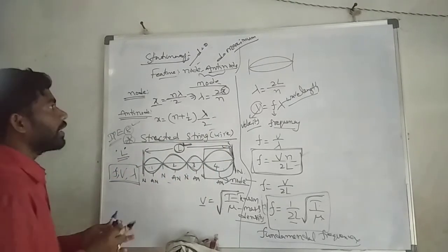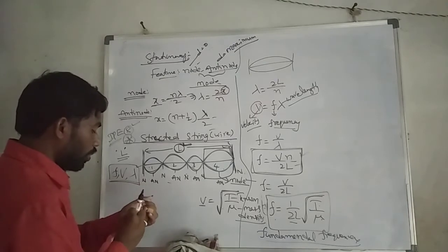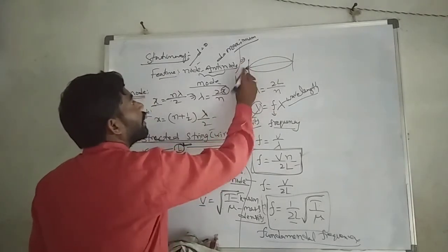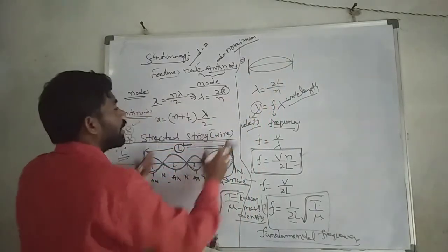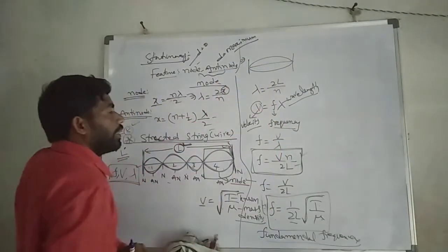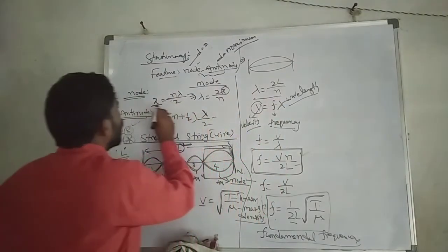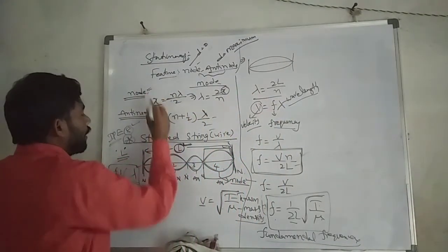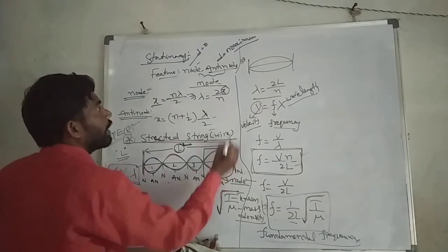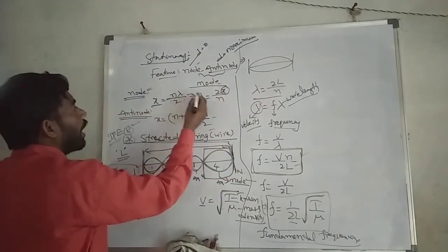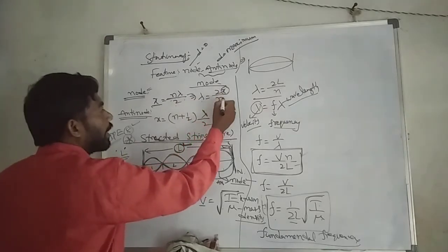Then you take only one mode, the special case. For the wavelength, with nodes at the boundaries, x equals n lambda by 2, so lambda equals 2x by n.